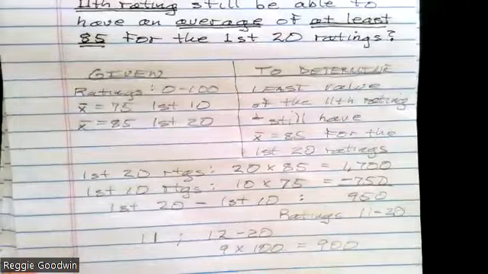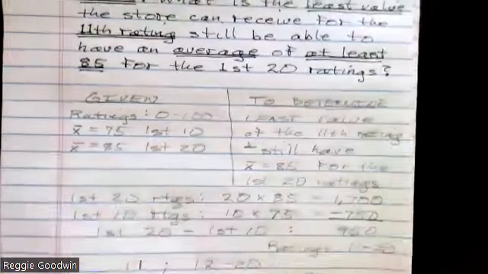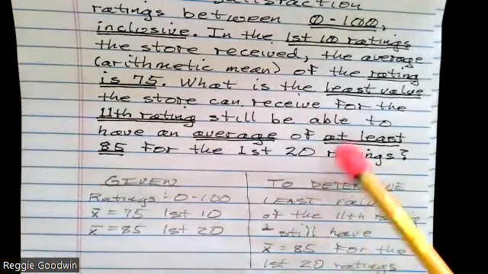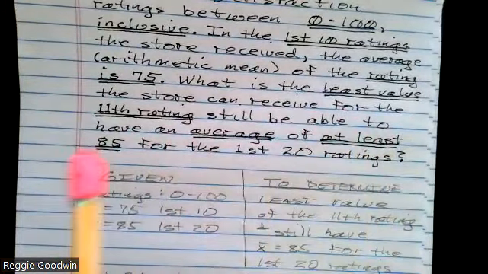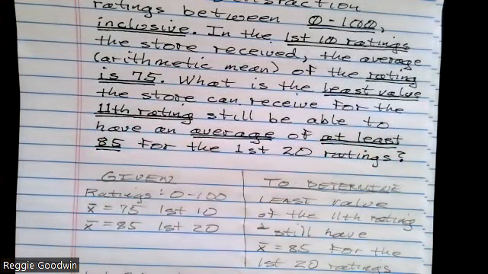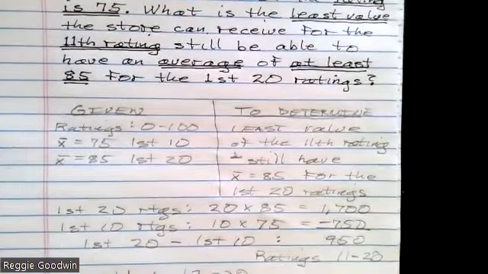Now, what did we say? What is the least value the store can receive for the 11th rating and still be able to have an average of at least 85 for the first 20 ratings?